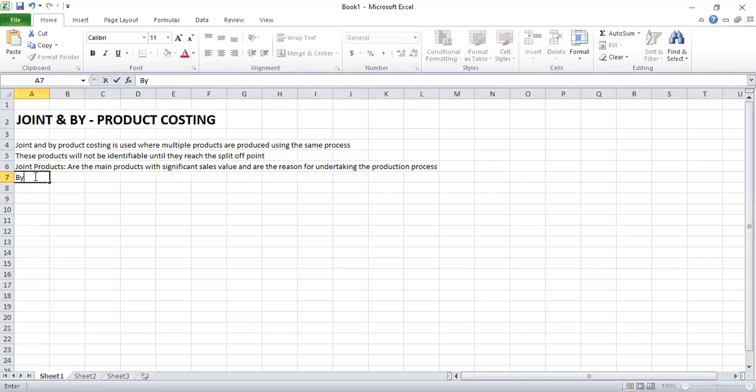Then we've got what we call byproducts. These are products with insignificant sales value, and are only incidental.